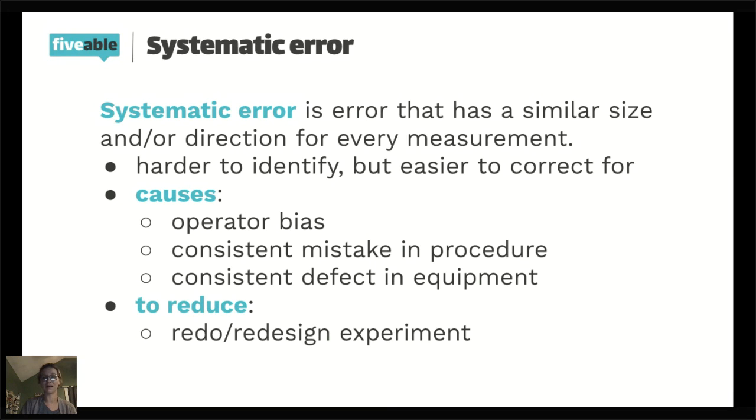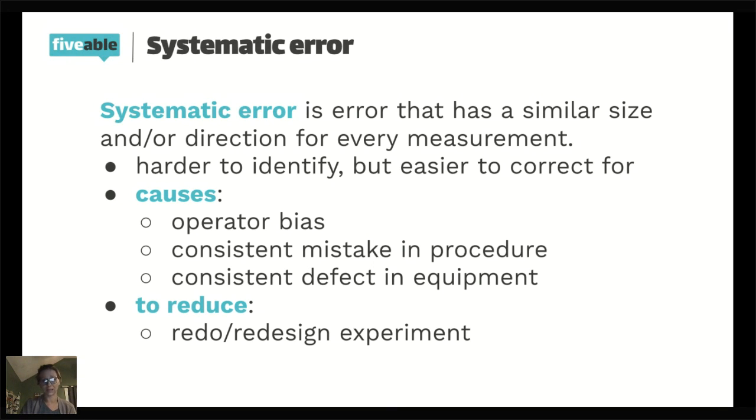Maybe you're making a consistent mistake in the procedure that you can't correct, or you have a consistent defect in a certain piece of equipment, so you redesign your experiment so that it doesn't use that piece of equipment. Maybe you try to get at whatever the concept is in a different way. That's the worst case scenario.